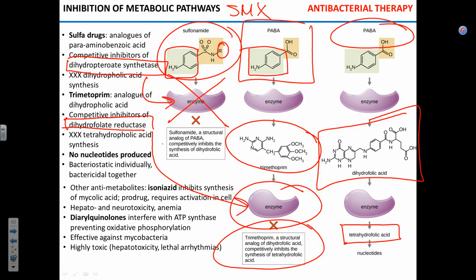Trimethoprim inhibits the second step. So they can be used separately, but when they are used separately, they are bacteriostatic. If you combine them, they're going to inhibit both of these enzymes, becoming bactericidal. Does that make sense?